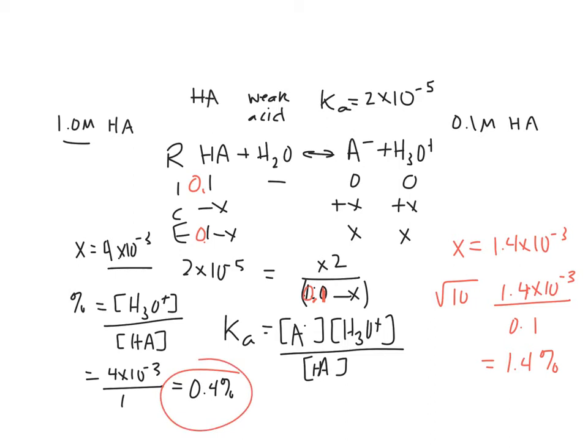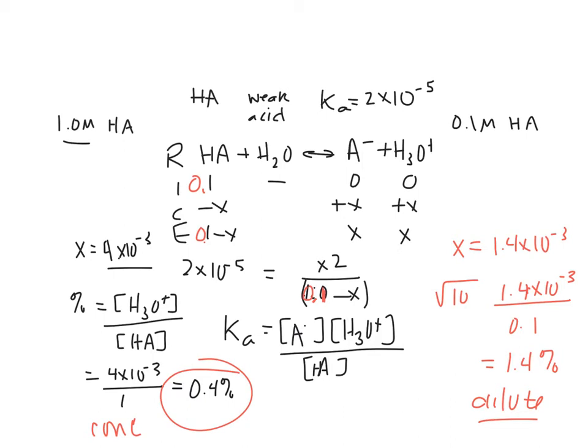Notice my percent dissociation in the concentrated solution is actually less than my percent dissociation in the dilute. So the more dilute my solution is, the more it dissociates in terms of its percent. That doesn't necessarily mean that you have more hydronium ions. It just means that the fraction of dissociation is larger.